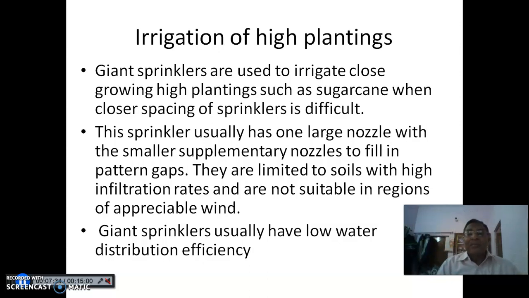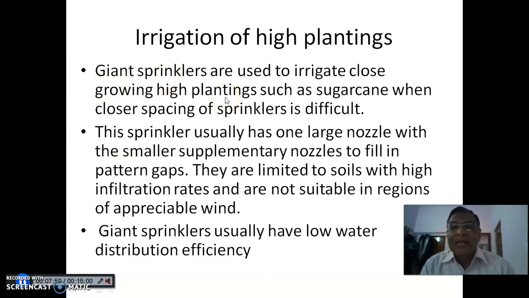So when you are using a sugarcane like type of plantings, normally these normal two nozzle or single nozzle, they don't work. You cannot work with them. First of all, there is a high plantings are there. You have to raise the nozzle system above these plantings. That's why they are called JNTUH sprinklers.